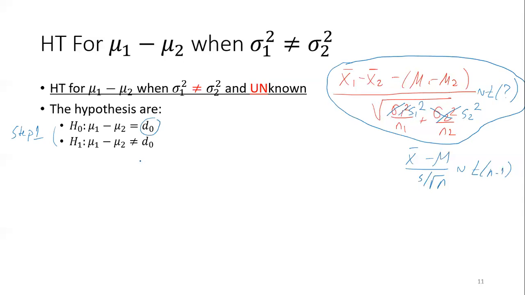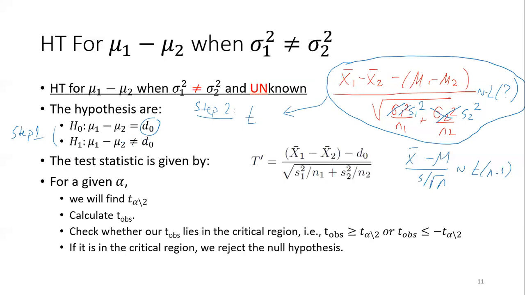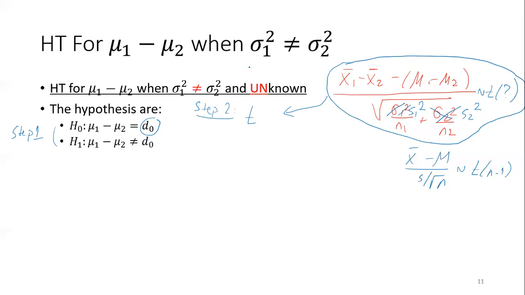It can be 0 or any other value, versus mu1 minus mu2 not equal to d0. What is step 2? Step 2, find your test statistic. My test statistic is this thing, which is a t random variable. Then what is step 3? Let me write it here.